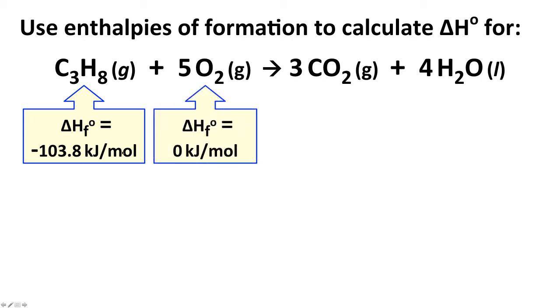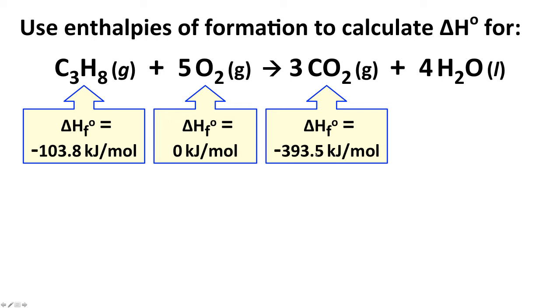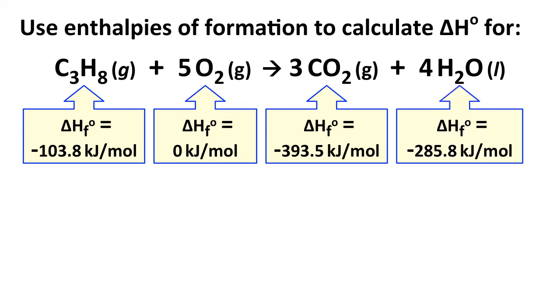Oxygen, O2, is already in its standard state, so it takes no extra energy to form that. It's already formed, so to speak. So the delta H of formation of O2 gas is 0. In fact, any element in its standard state will have a delta H of formation of 0. CO2 has a delta H of formation of negative 393.5 kilojoules per mole, and liquid H2O, negative 285.8 kilojoules per mole.